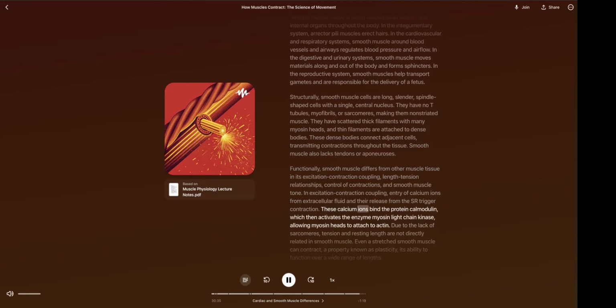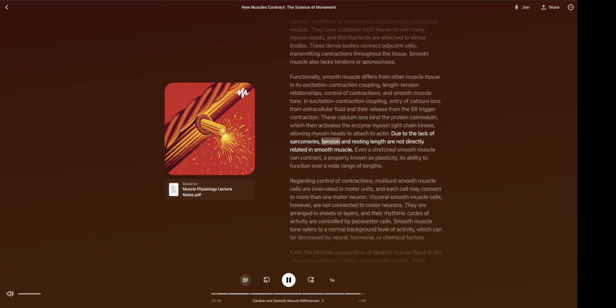These calcium ions bind the protein calmodulin, which then activates the enzyme myosin light chain kinase, allowing myosin heads to attach to actin. Due to the lack of sarcomeres, tension and resting length are not directly related in smooth muscle. Even a stretched smooth muscle can contract, a property known as plasticity, its ability to function over a wide range of lengths.